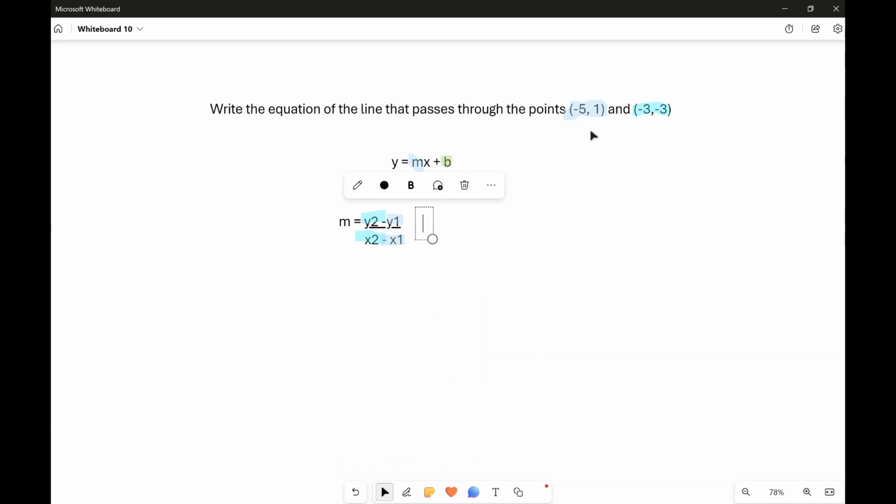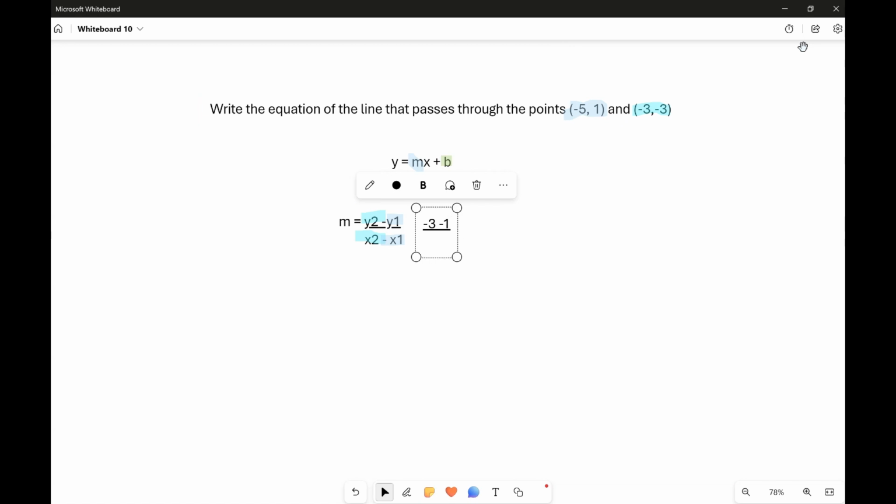That means that for this math, we're going to say that negative 3, that's the y2, we're going to take negative 3 and subtract from it the value of 1. That's the y1.